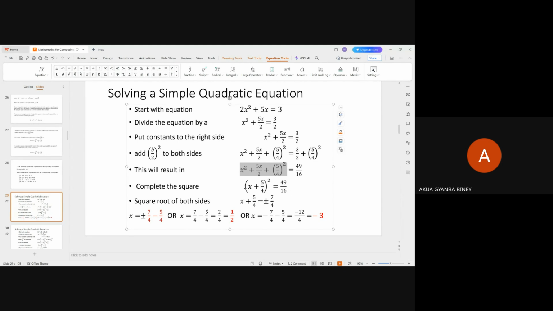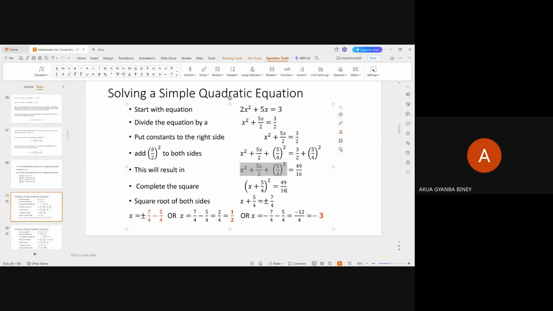Now this brings us to where we're trying to make x the subject. And we get x is equal to plus or minus square root of. This is what we are doing here.